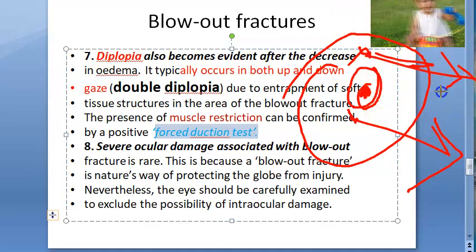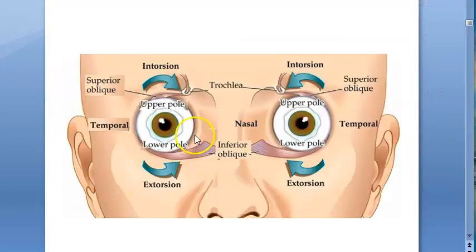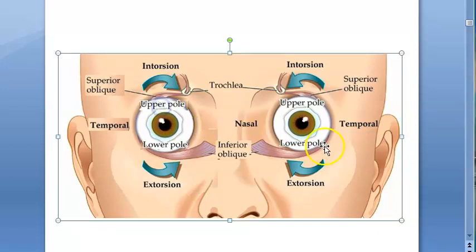But if you cannot move the eyeball at all, even with force, it means that there is some restriction, because of some scar or fibrosis or some problem with the muscle. So the muscles are very rigid, restrictive. Forced duction test will be positive in that case. Positive means you cannot move it.